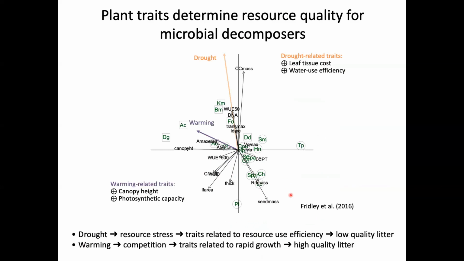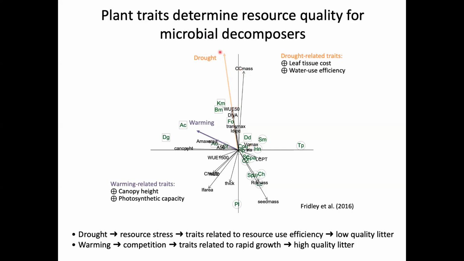So what we know is that the impacts of the climate treatments on the plant community are actually altering the trait distribution of that plant community, and that's shown here by this co-inertia analysis, which seeks to link species responses to the treatments through to the traits that they actually hold. And what we can see here is that some of the traits are quite tightly associated with the climate treatments.